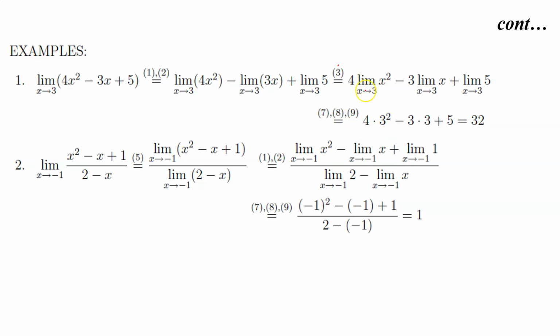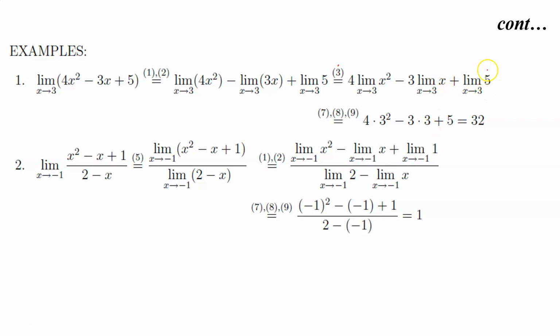Okay, from here, limits x squared. For this 4, I just write it down as 4 x squared, meaning that I have to substitute the x equal to 3 into this. Then I get 3 square. And for this 3 times x is actually 3. So I just write it down as 3.